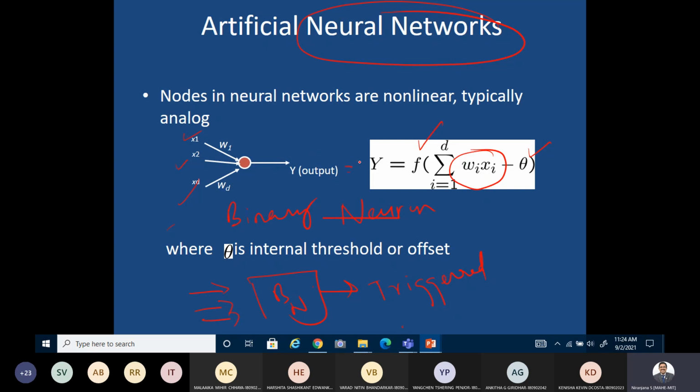It can generate output high or low. When it is triggered, its output will be high. When it is not triggered, you may find the output as 0. Like a biological neuron, when it is triggered, it will have a response, right? Similarly here, its output also you can make binary high or binary low.